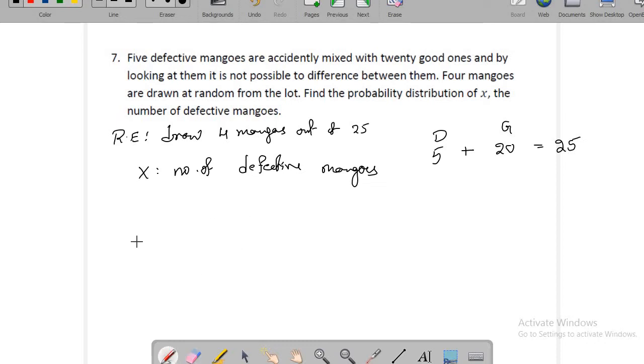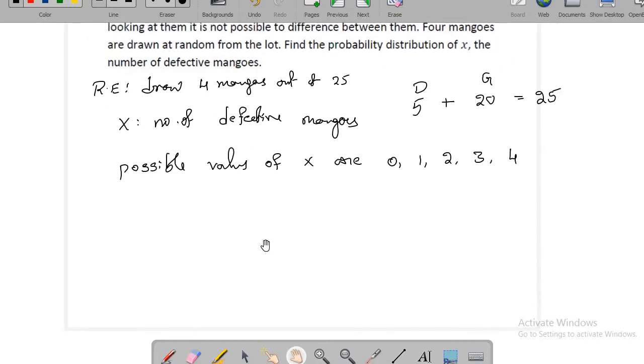So let me write the possible values of x. Possible values of x are 0, 1, 2, 3 and 4. So these are the possible values of x. So now let us see what is the probability distribution of these 5 values.